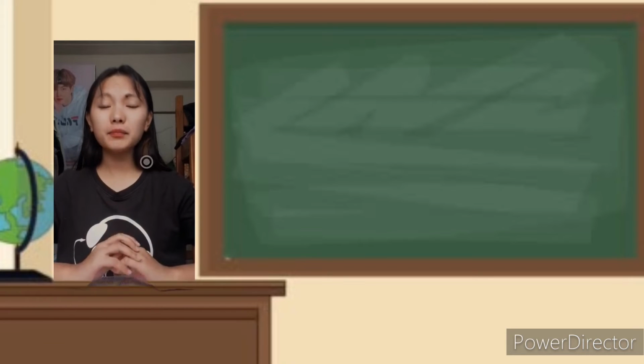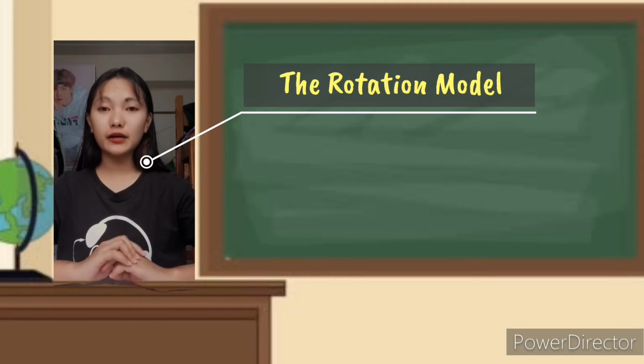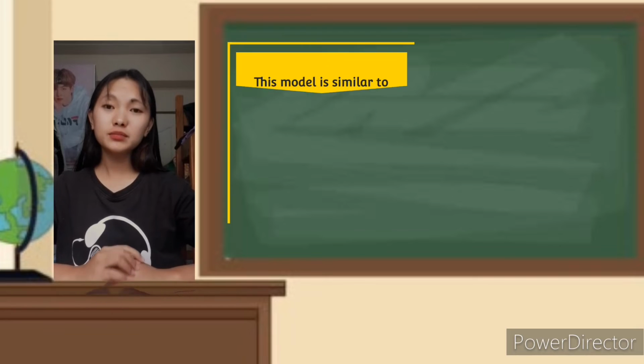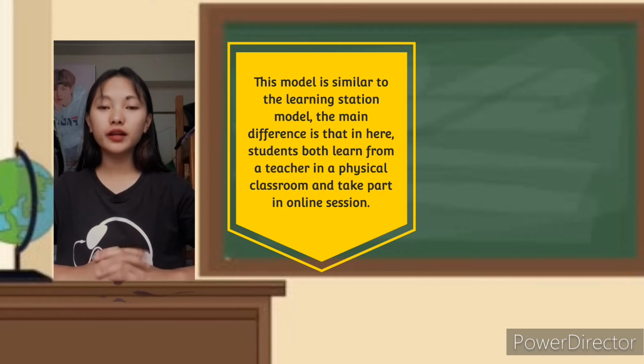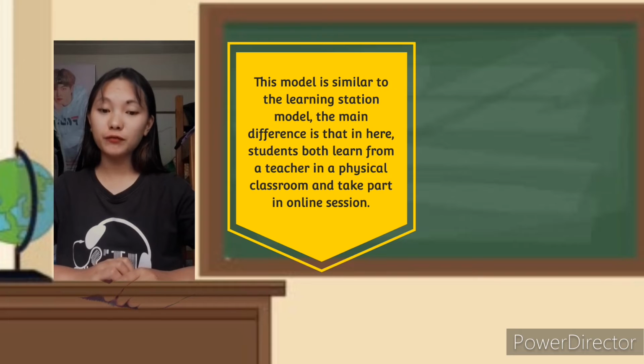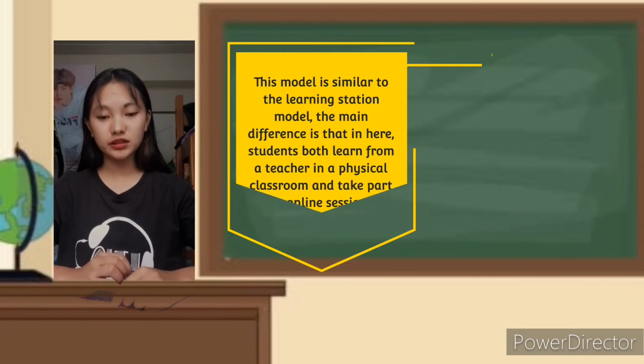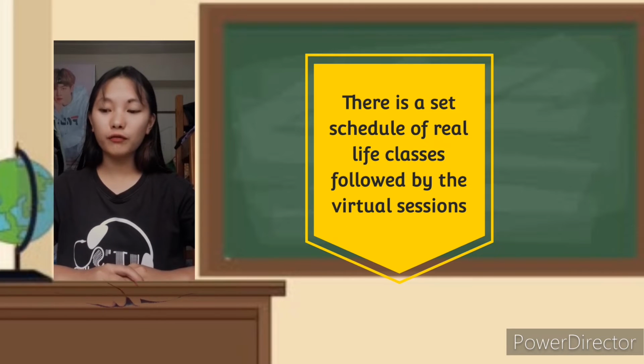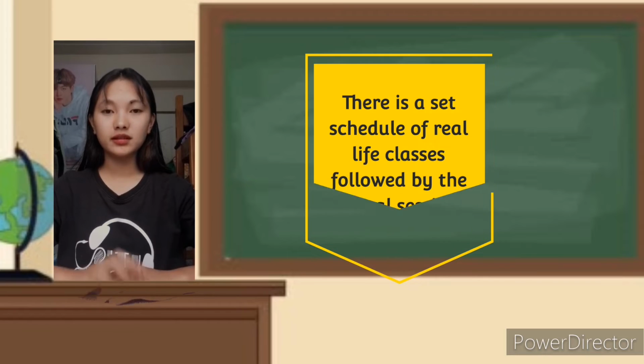The second type of blended teaching is the rotation model. This model is similar to the learning station model. The main difference is that in here, students both learn from a teacher in a physical classroom and take part in online sessions. There is a set schedule of real-life classes followed by the virtual sessions.